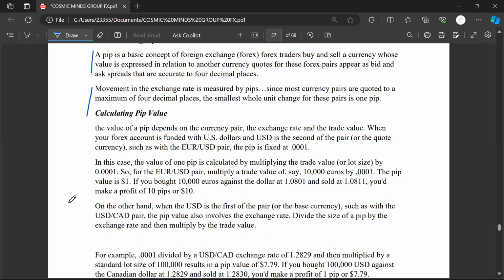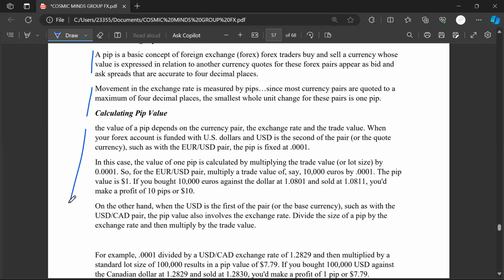The value of a pip depends on the currency pair, like we said, then the exchange rate, and then the trade value. These are the factors that bring about the difference in the value of the pip. So we are talking about the currency pair, the exchange rate, and the trade value. We look at them shortly.